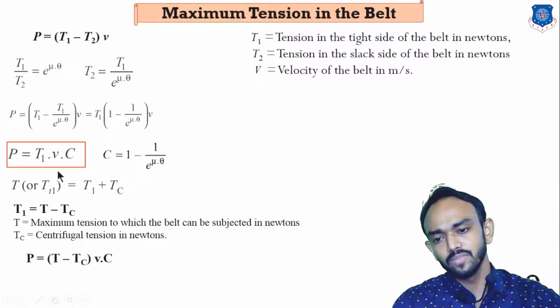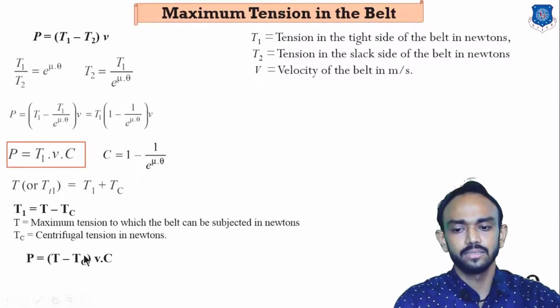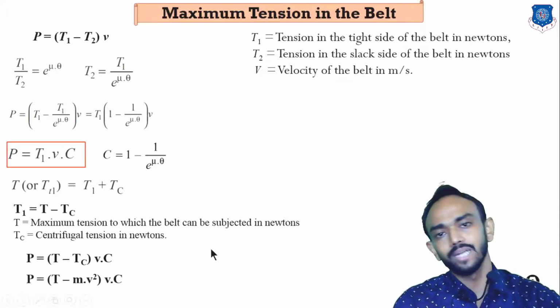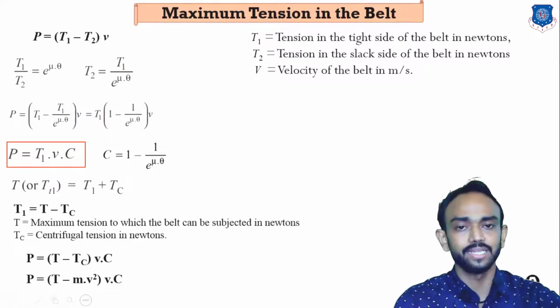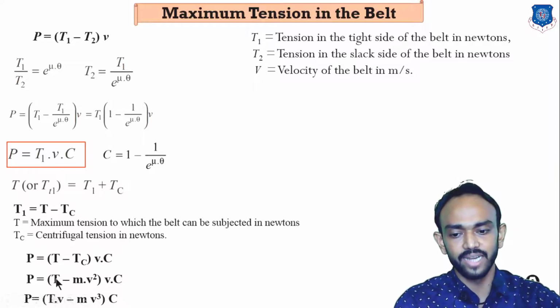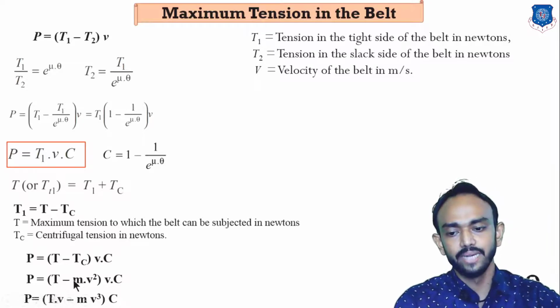So you will put this value here: (T minus Tc) into velocity into C. But you know that the value of centrifugal tension is equal to mv². So any centrifugal tension you can write as mv², and if you open this bracket you will find TVC minus mv³C.